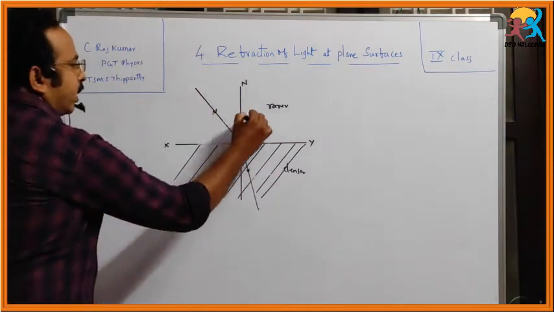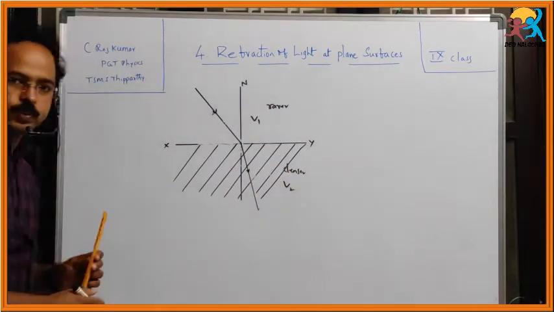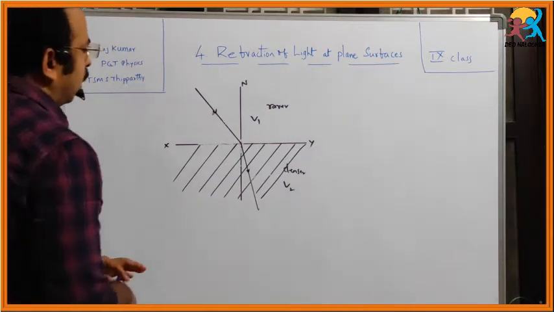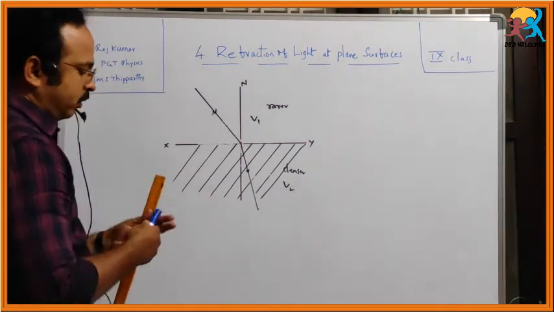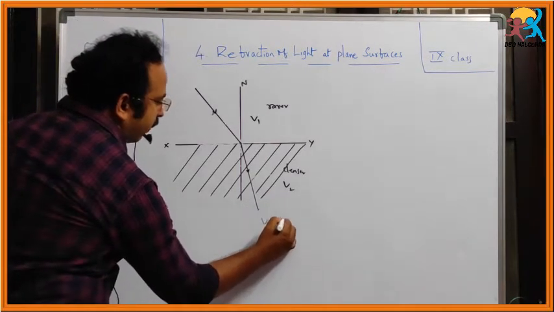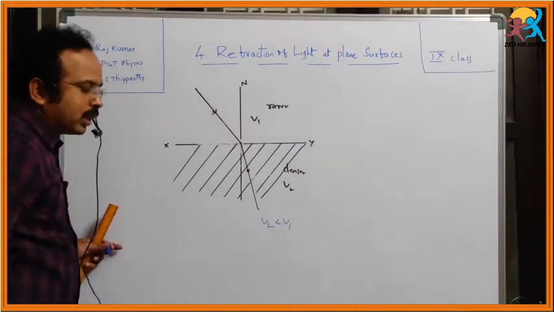Now the speed of light in this medium is v1 and the speed of light in this medium is v2. Right? Generally, if the speed of light v2 is less than v1, then the v2 medium is called denser and the v1 medium is called rarer.